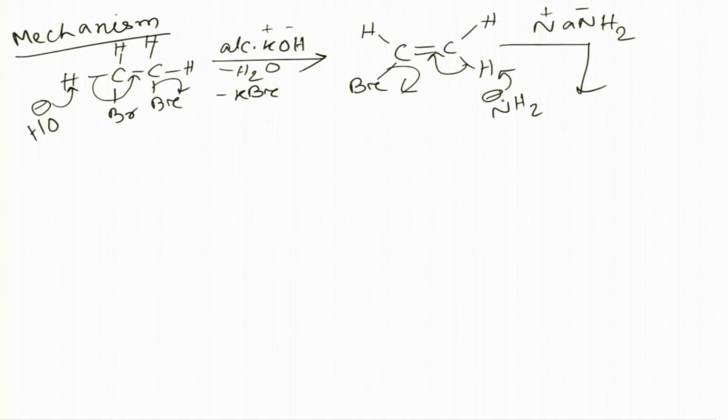Ammonia is liberated along with sodium bromide, NaBr, and a triple bond forms here. We get an alkyne.